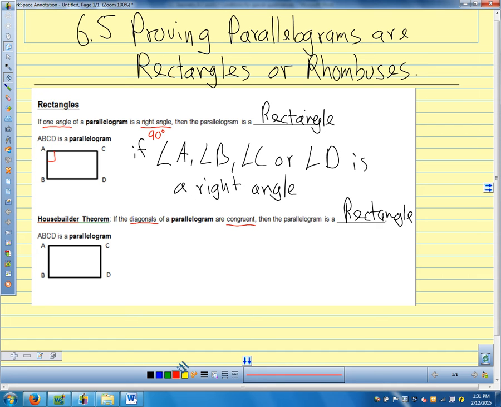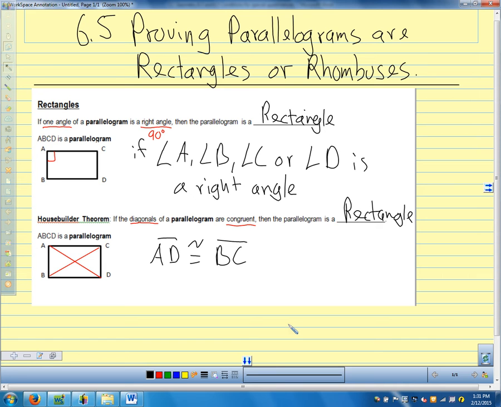Like A to D, across from corner to corner, like so. There are my diagonals. And if we were writing this out, we would say segment AD congruent to segment BC. If the diagonals are congruent, then our parallelogram is a rectangle.